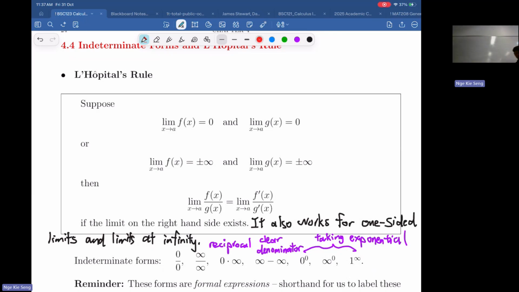Okay, so when do you use L'Hopital rule? Basically, when you want to compute a limit of the ratio of two functions, but you realize that if I just do substitution on the numerator or denominator, we get some intermediate forms, for example, 0 over 0, infinity over infinity, or even plus infinity over negative infinity or negative infinity over positive infinity.